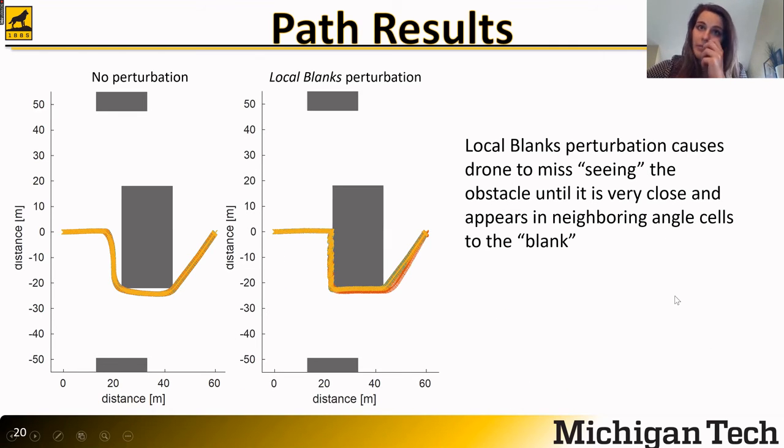And then finally, we have the local blanks perturbation, which just caused the drone to miss seeing the obstacle until it was very close. And so the robot went straight into the object. And then once it realized there wasn't actually an object there, it then kind of followed the wall very closely and wrapped around until it reached the point.